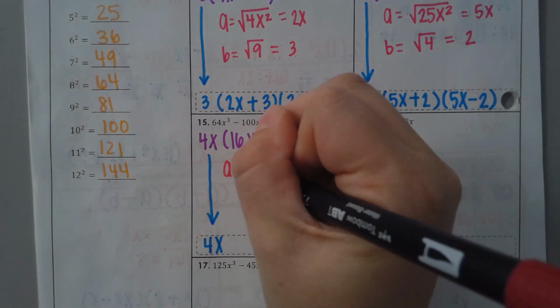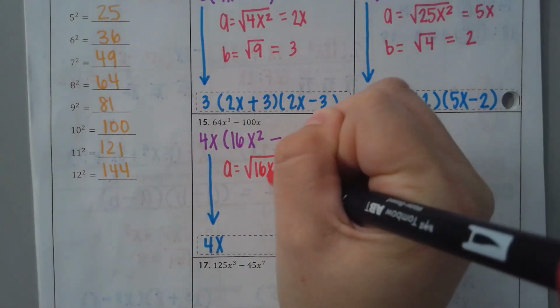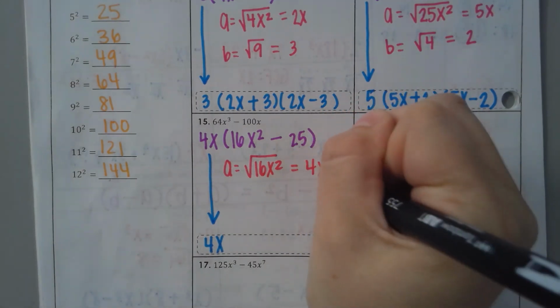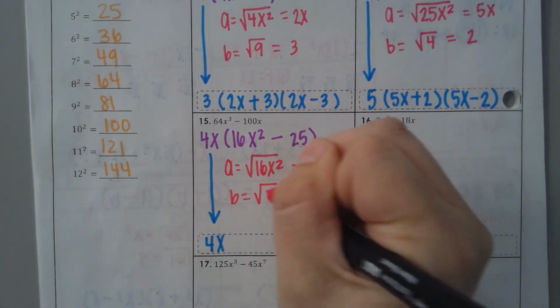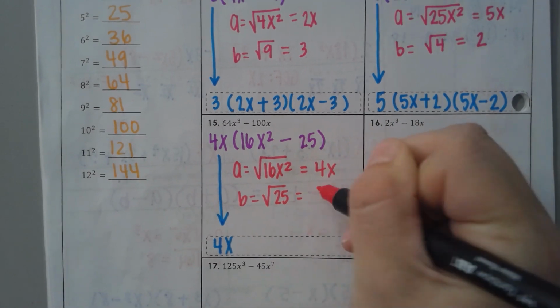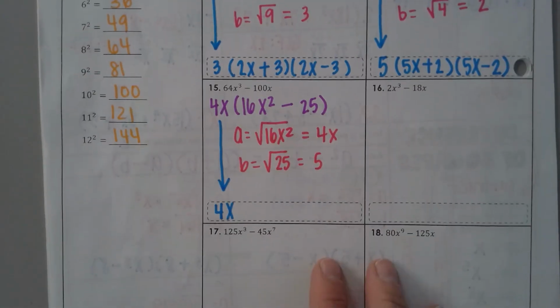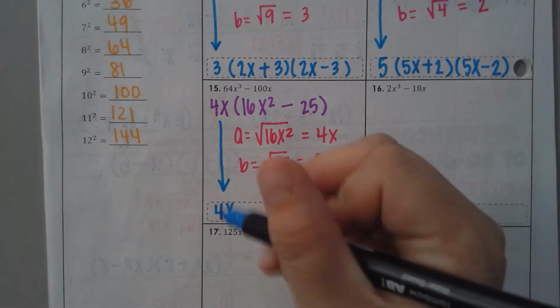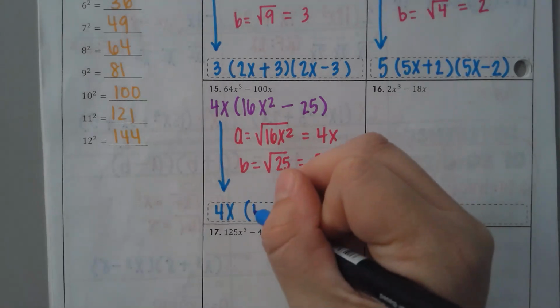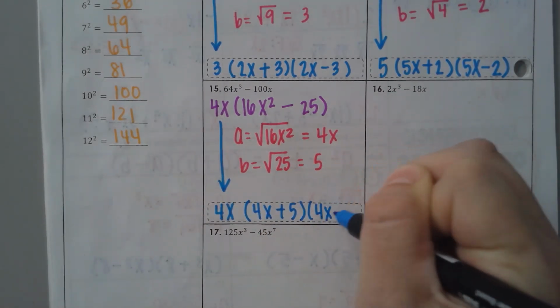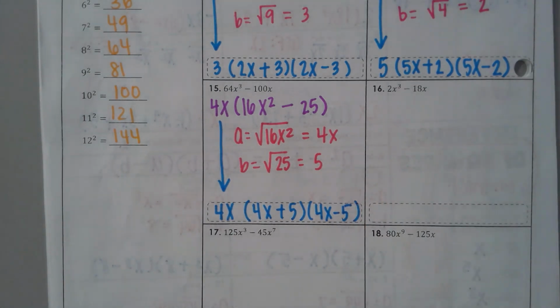So my A is the square root of 16x squared. 4x. Yep. B is the square root of 25, which is 5. So my factors are 4x plus 5 and 4x minus 5.